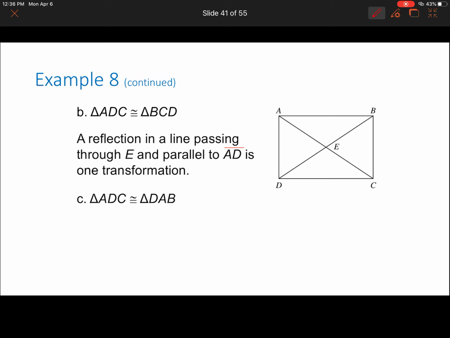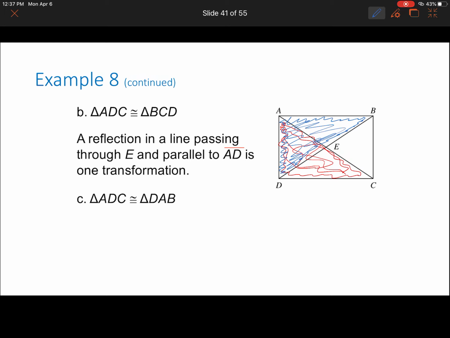So part C says that we want to take ADC. So again, that's this triangle. And we want to show that it is congruent to DAB. Well, DAB is this one, again in blue.